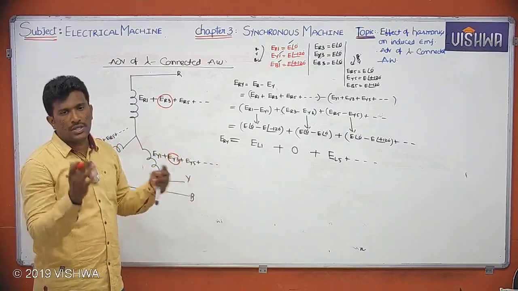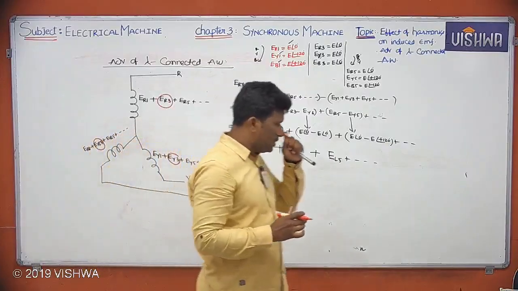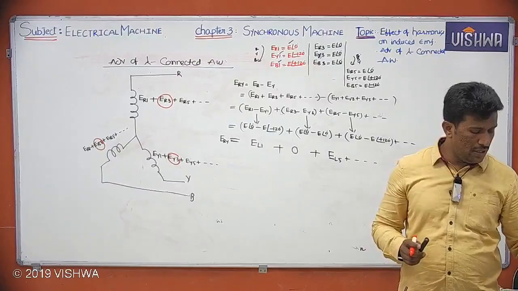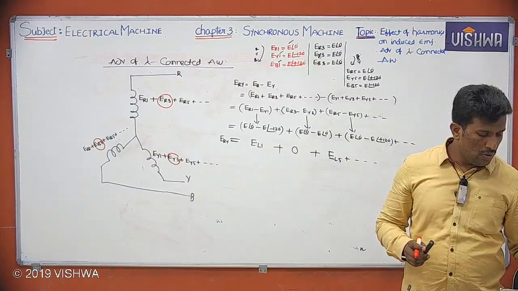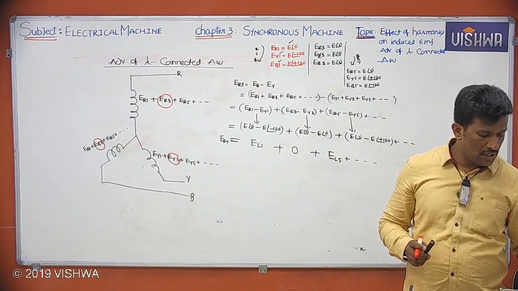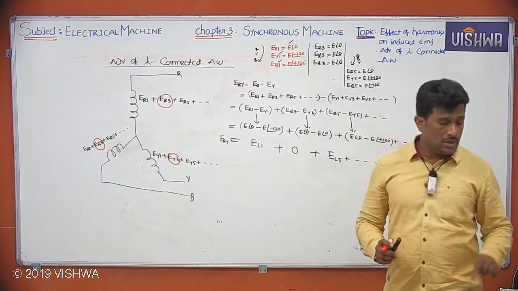That point is very important. So ERY is equal to EL1 plus 0 plus EL5 and so on. So what is the conclusion here? I can say, though third harmonic voltage exists in a phase, in line they will not be present. That's a very important point here.